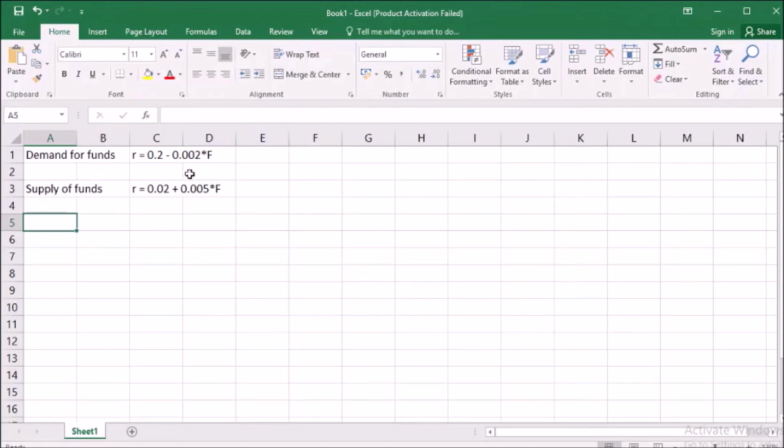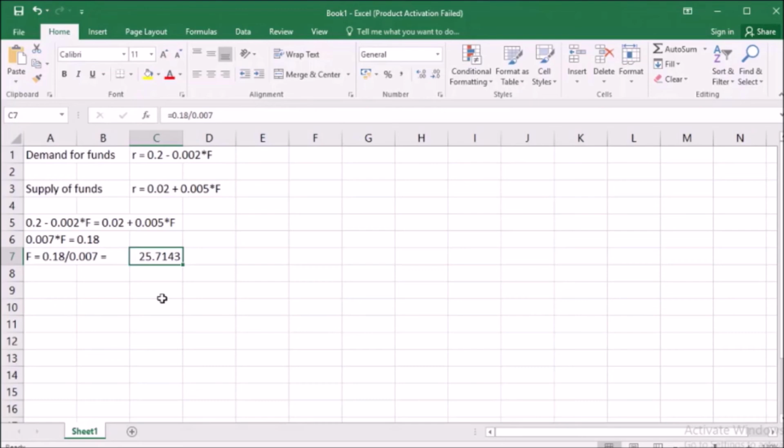I can solve this by equating the right-hand sides of each of the equations. That would give me 0.2 or 20% minus 0.002 times f equals 0.02 or 2% plus 0.005 times f. That means 7 1,000ths times f equals 0.18 or 18%. Solve for f from there, giving us 25.7.